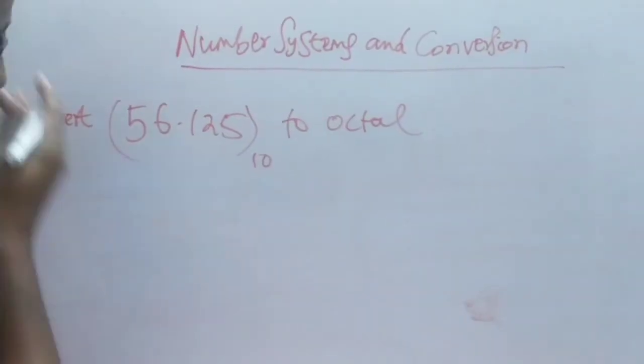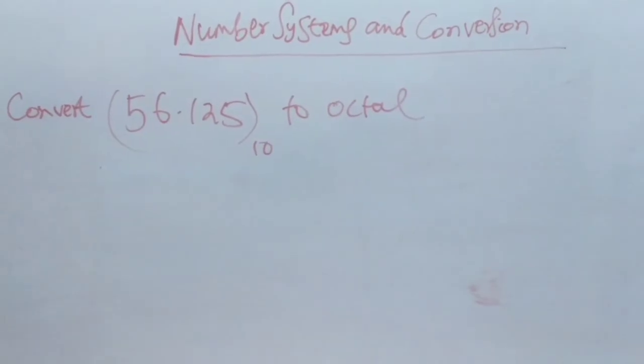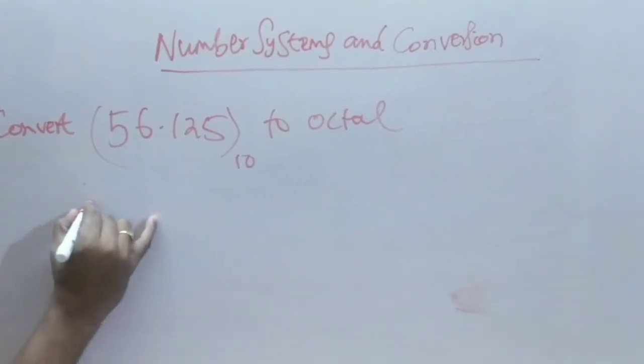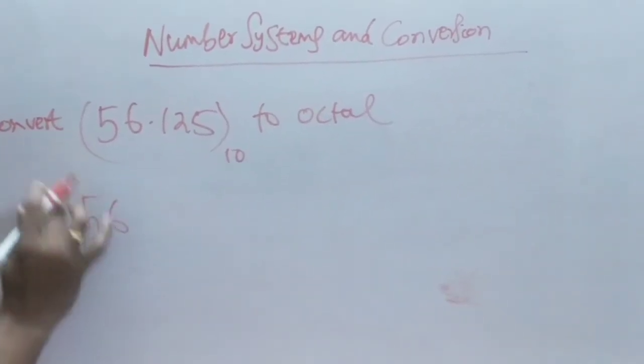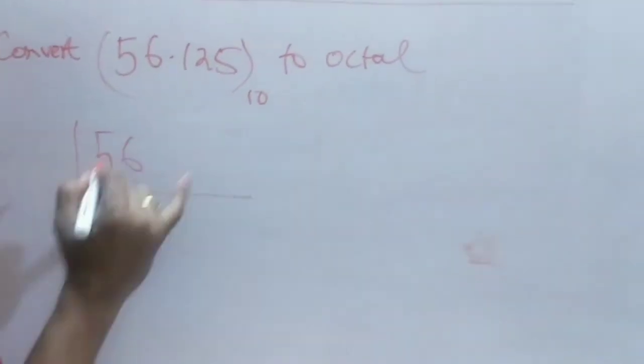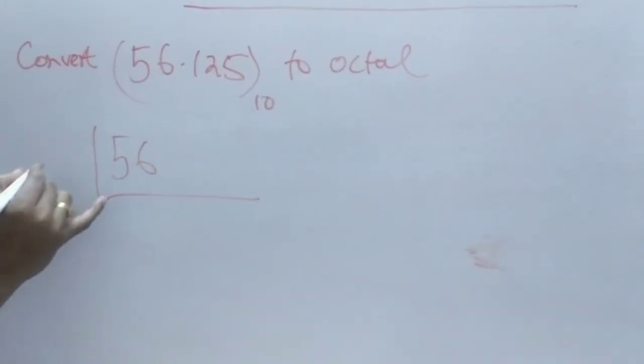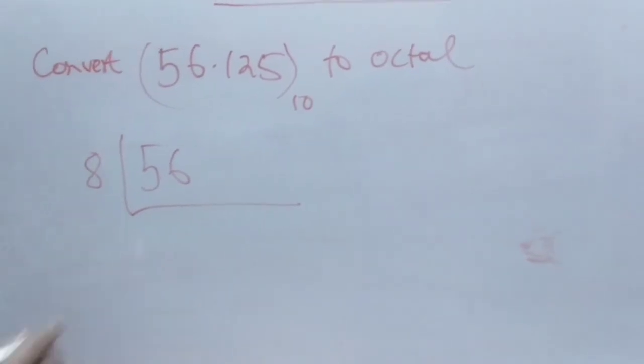For the integer part, what do we need to do? We need to divide by the base to which the number has to be converted. The octal number base is 8, so we divide by 8.